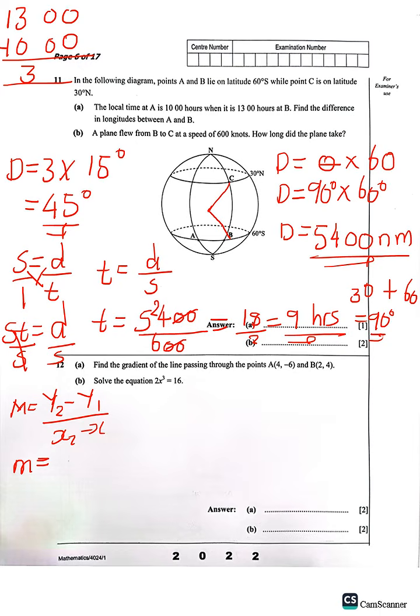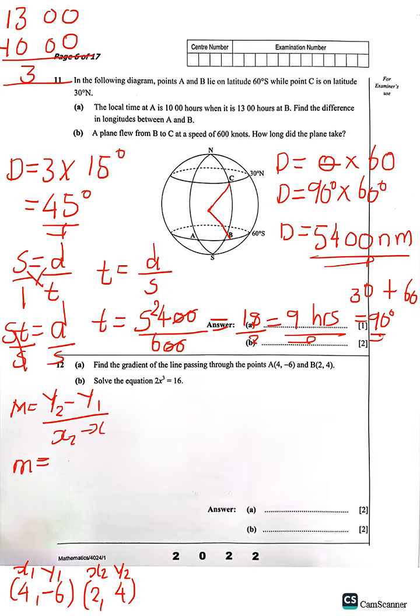So let's look at the coordinates. 4, -6 is our x1, y1, and 2, 4 is x2, y2.